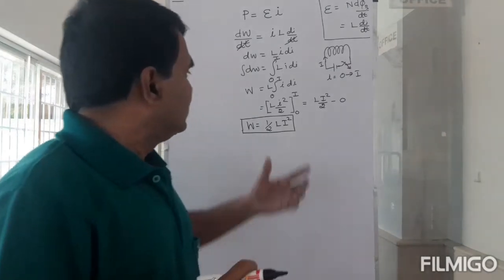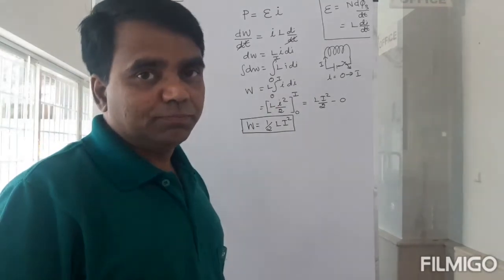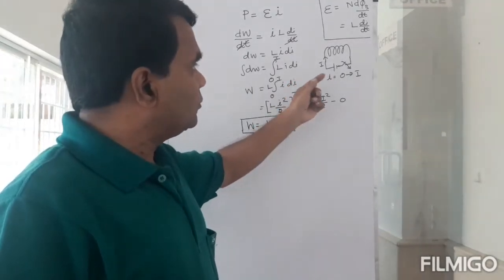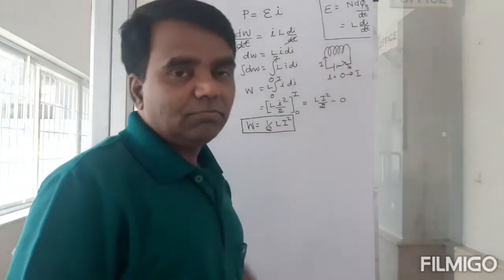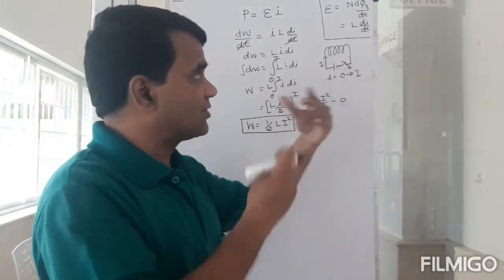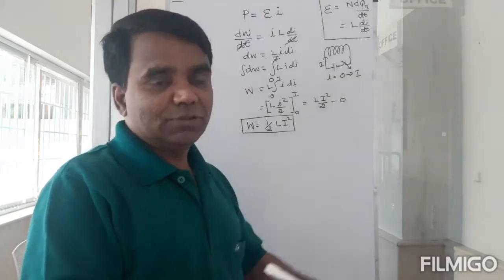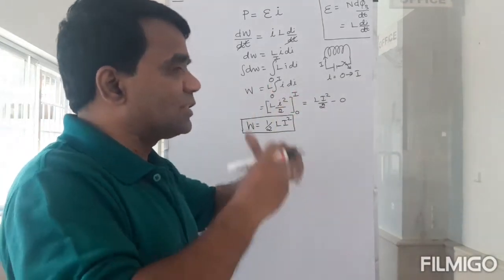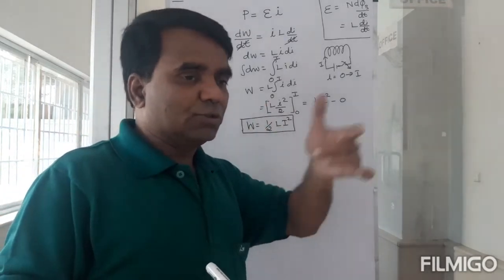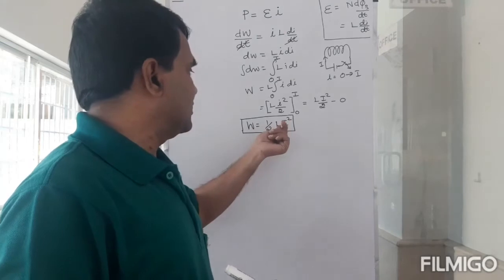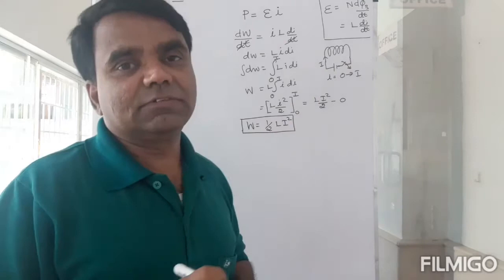See, what it tells you is that in the circuit, when I close the switch, this battery will have to do work to push current into it. Because there is a back EMF coming, it is going to resist this battery from sending the current into the coil. So the battery does work against it. Suppose I've gone from 0 to say 2 amperes, and let us suppose that this inductance is 1 Henry, for example.